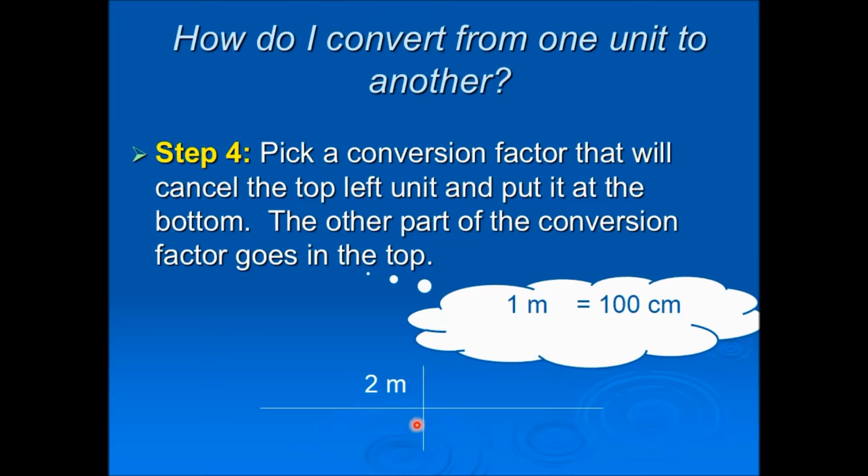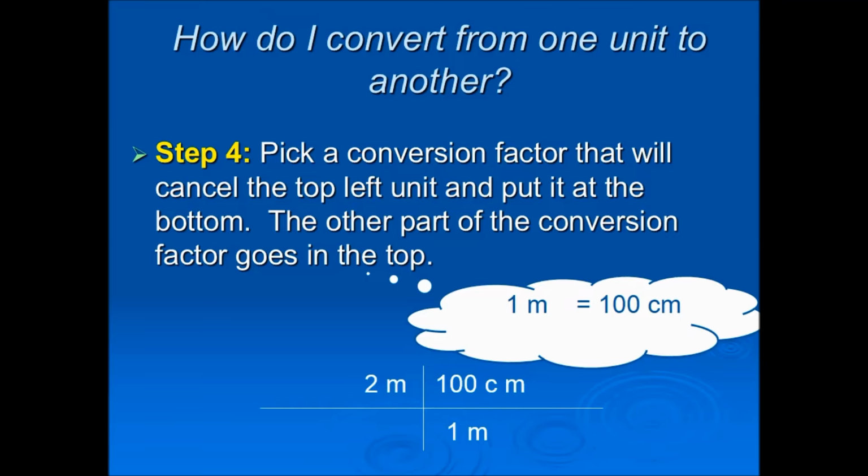So in order to cancel, it needs to be at the bottom. We're going to take the 1 meter part and put it in the bottom, and then put the 100 centimeters at the top. Notice that whatever's on top of something, like 100 centimeters on top of 1 meter, they are an equivalent value. 100 centimeters is 1 meter. That's always going to be true. You always need a vertical agreement going on.